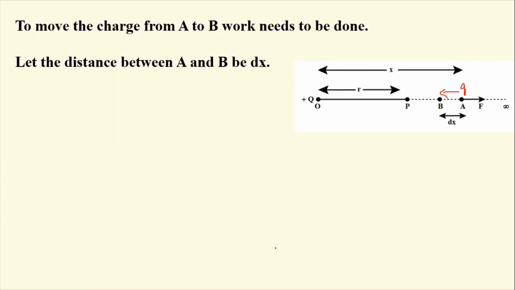This distance is a small distance, taken as dx. The work done will be taken as dW. dW will be F dot dx. The repulsive force is in this direction, and the displacement dx is in the opposite direction.